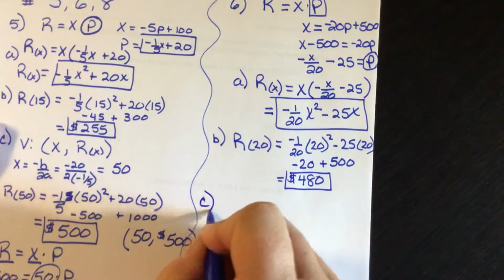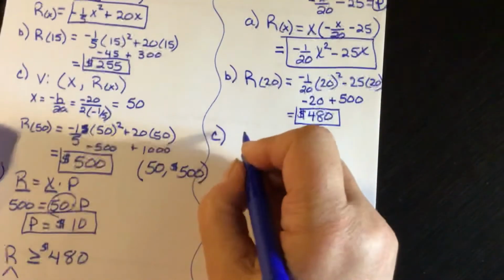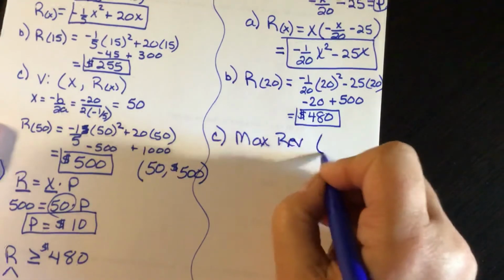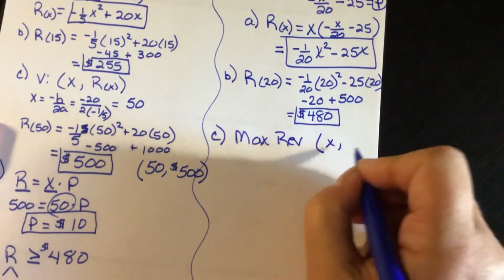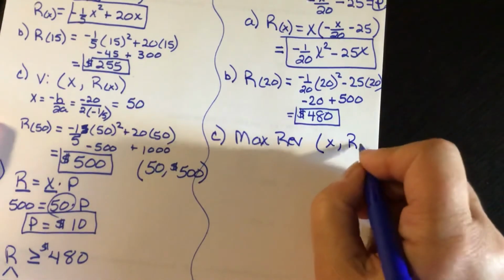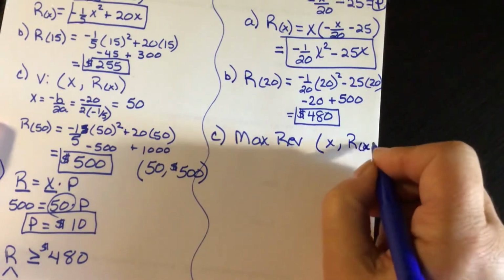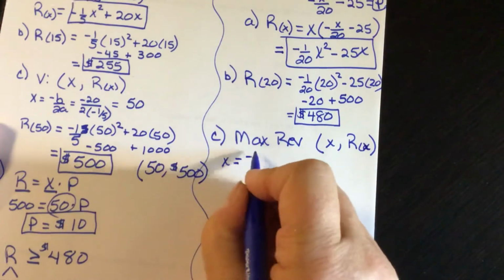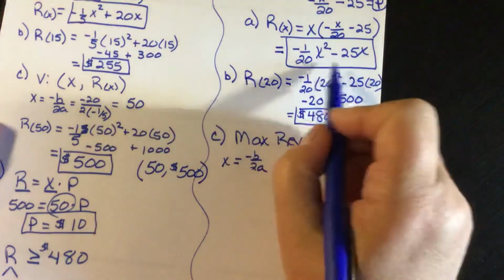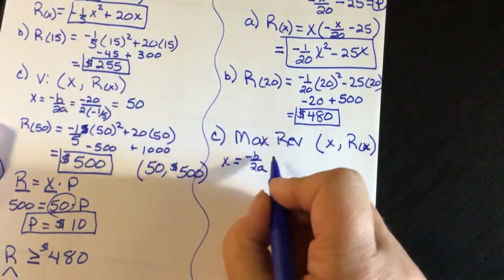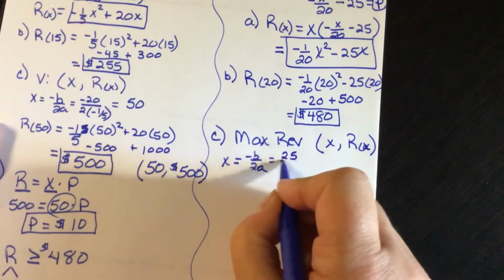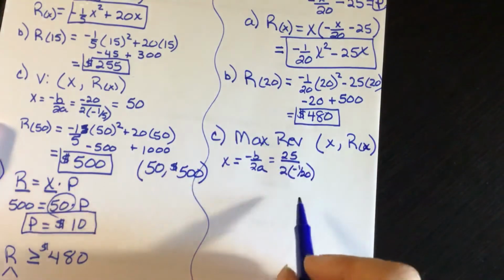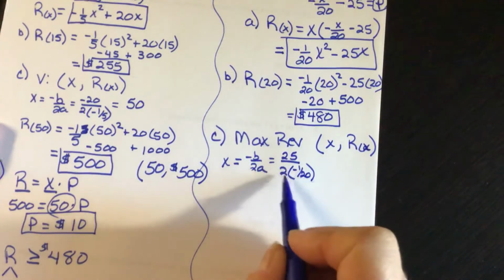Part C, again, asks us to find the maximum revenue, or to maximize the revenue. So in my vertex, I'm going to have the X value and the revenue based on X. So to find X, I have minus B over 2A. I'm going to come back here. The opposite of B is 25 over 2 times negative 1 over 20. Okay, so this is negative 1 over 10.